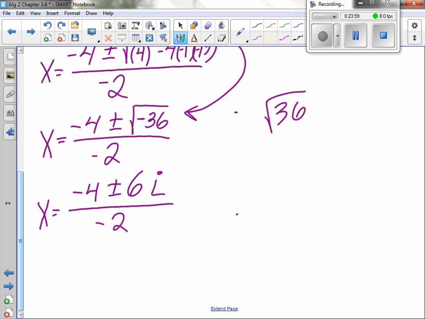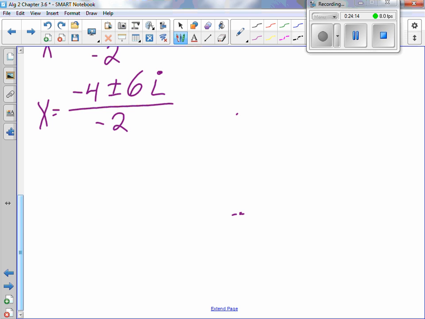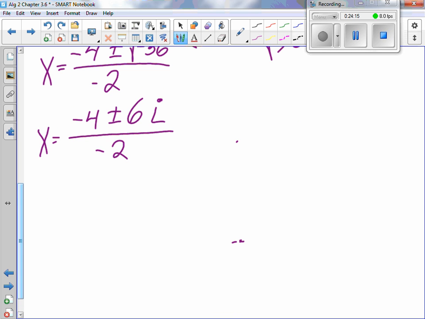So again, I'm noticing something between our three terms. Is there a greatest common factor between negative 4, 6i, and negative 2? There's a greatest common factor of 2. Now, we can do like we did before and factor 2 out. Or I can divide the negative 4 and 6i by negative 2. We can do that with both of them, and it'll simplify.